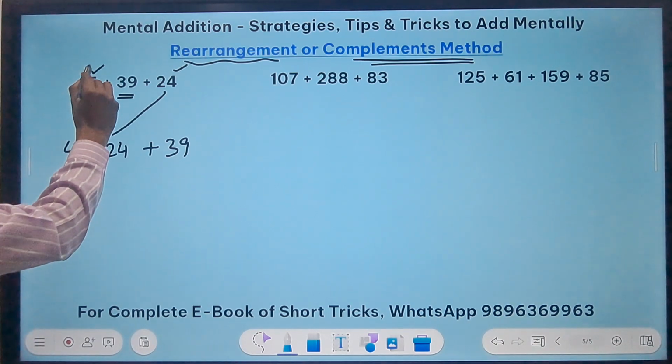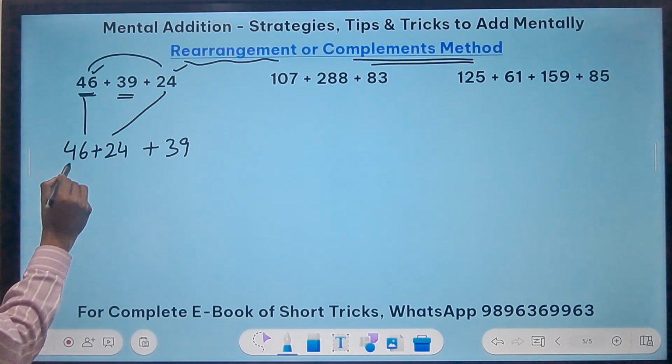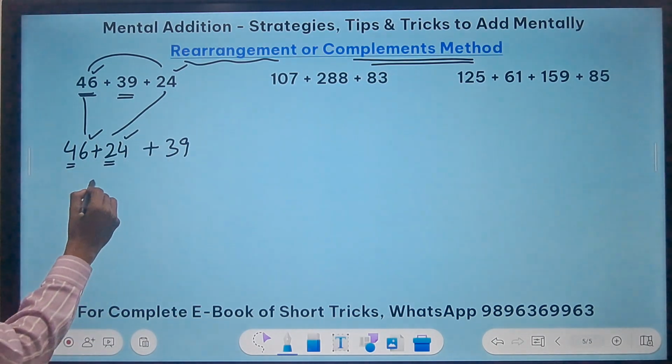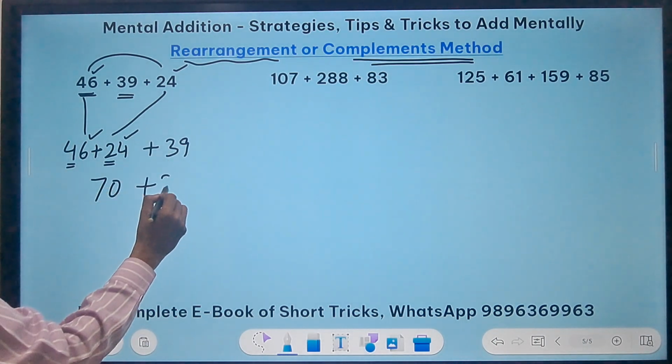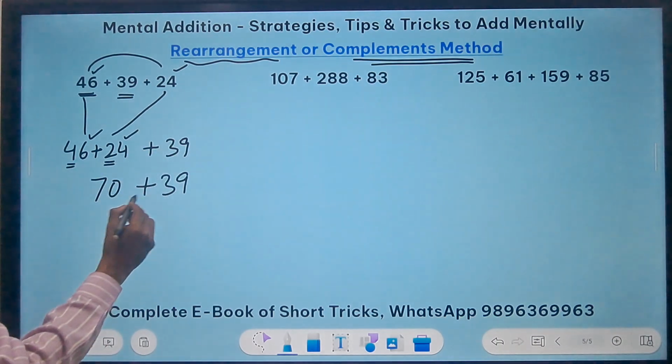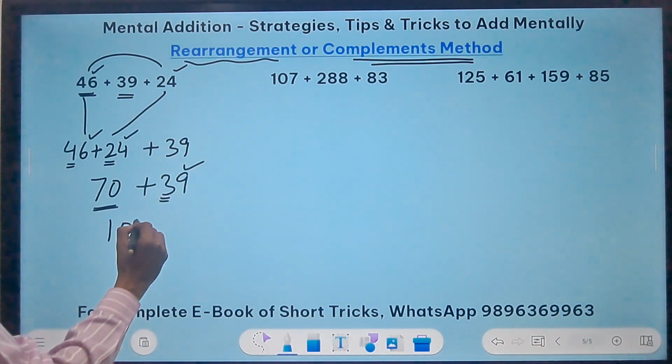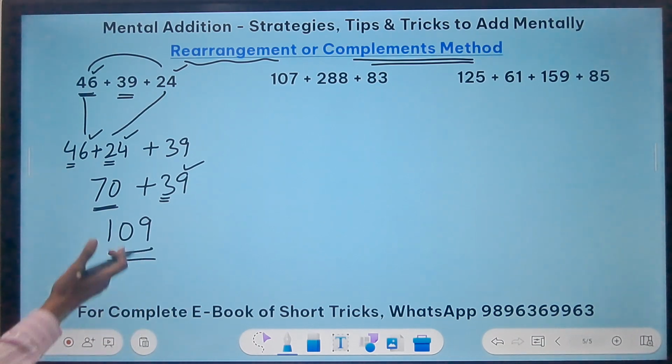So when you add these two, count the number of tens. 4 tens and 2 tens are 6 tens, and we have another 10 here, so this is 7 tens, and finally we have 39. Now use place value. 7 tens and 3 tens are 10 tens, followed by a single digit number 9. So 109 happens to be your answer.